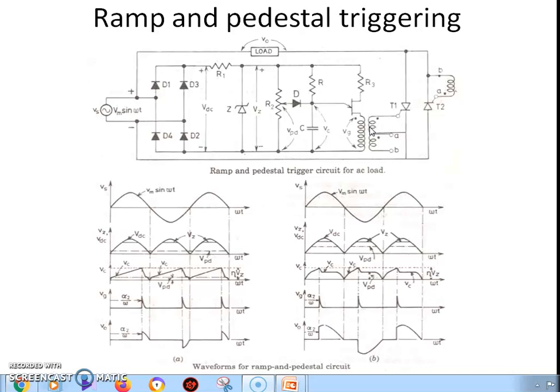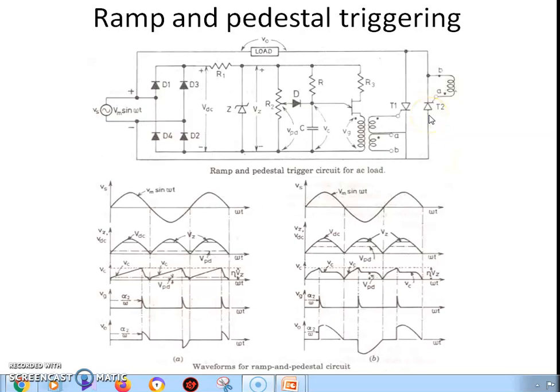During the positive half cycle, thyristor T1 is forward biased and turns on. During the negative half cycle of the input signal, T2 is forward biased, and the pulse produced is used to turn on thyristor T2.